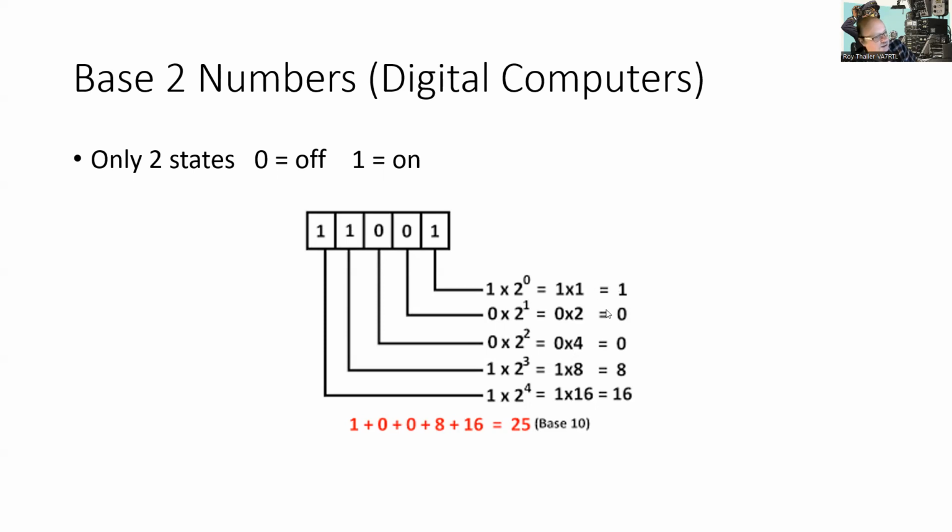So it would be 1, this would become 0, this becomes 0, this would become 1 times 2 to the third, which is 1 times 8, which is 8, and then this is 1 times 2 to the fourth, which is 16. And then if you added all these things up, 1 plus 8 plus 16 is 25 in base 10.